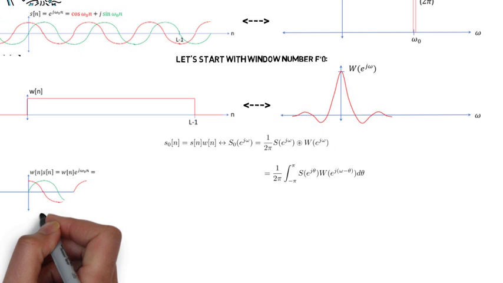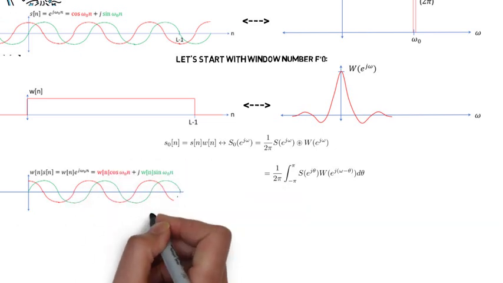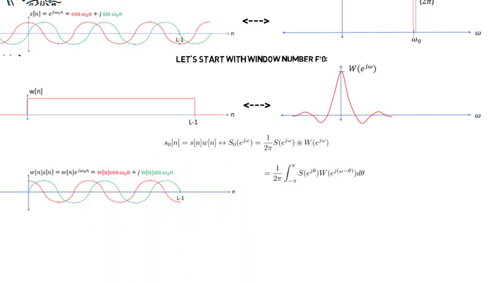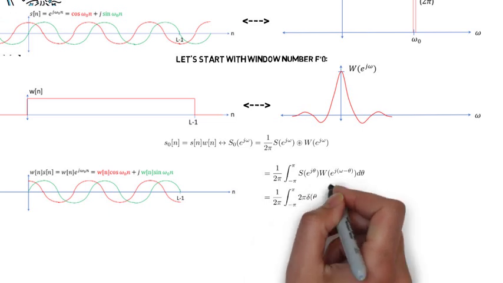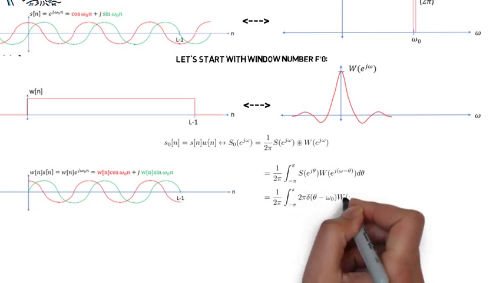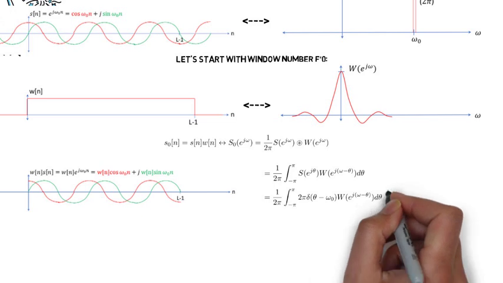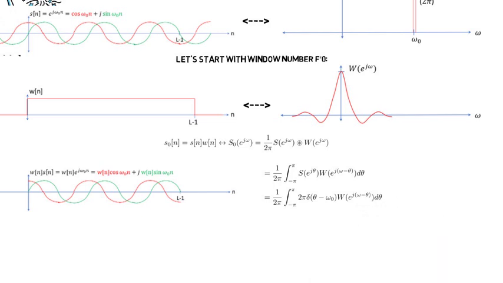So here's what that looks like in the time domain. That's the original e to the j omega naught n that's just been multiplied by a rectangle window. To find its Fourier transform, we have to take that modulation formula and substitute into it that S of e to the j theta is just a delta function, delta of theta minus omega naught. In fact, it's 2 pi times a delta function, which is kind of convenient because it cancels out the 1 over 2 pi in front.